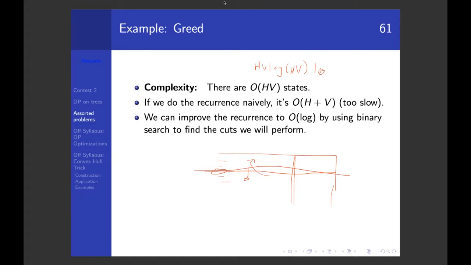Overall complexity is H times V times log again, equals 1500 times, let's say, 20 times 20 approximately. This is in the range of 400, 500 million. Too slow. Like nearly, but too slow. We want to improve the recurrence to constant time. How do we do that?